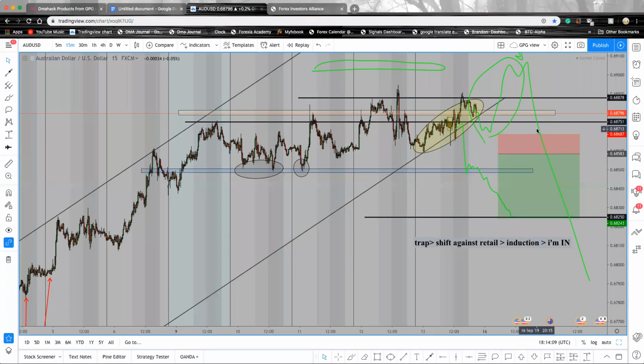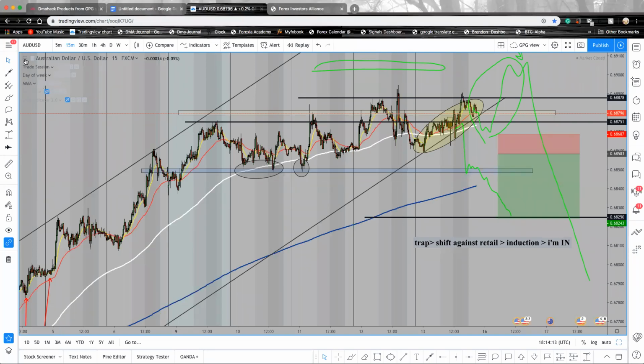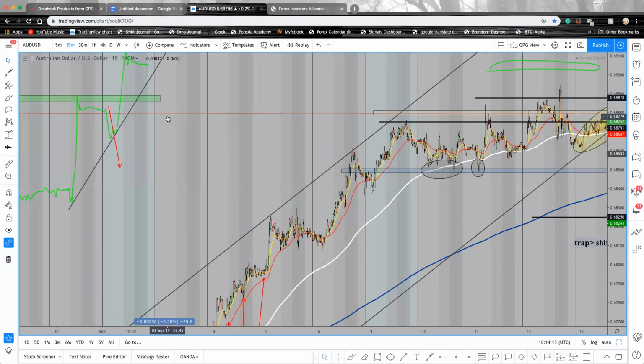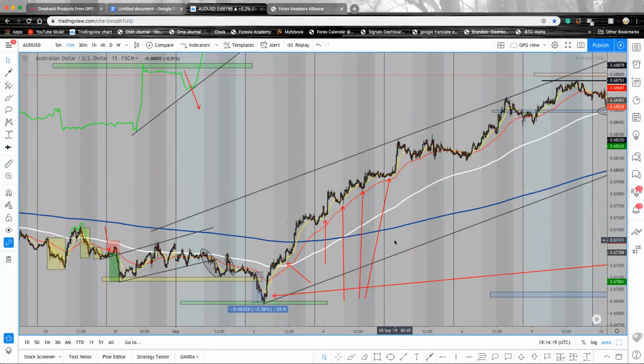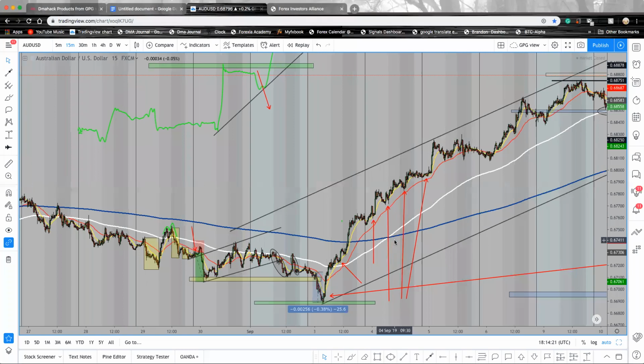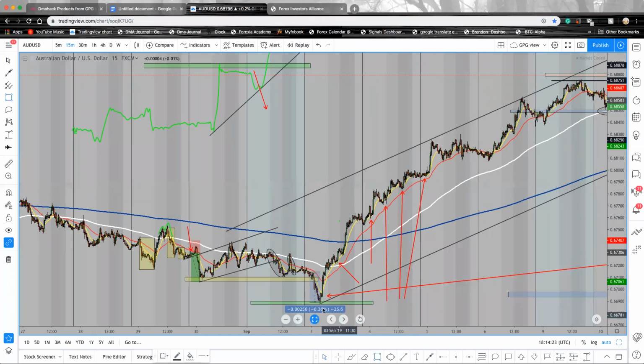But if you want to take daily structure, what I recommend is to have moving averages on your chart, right? And then wait for that shift. Same thing, wait for that shift on Tuesday. Look for the trap, wait for the shift.